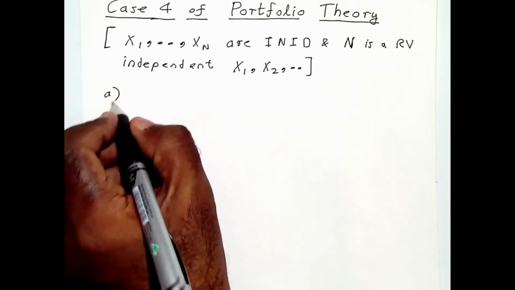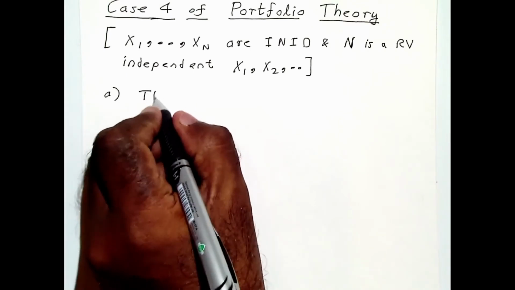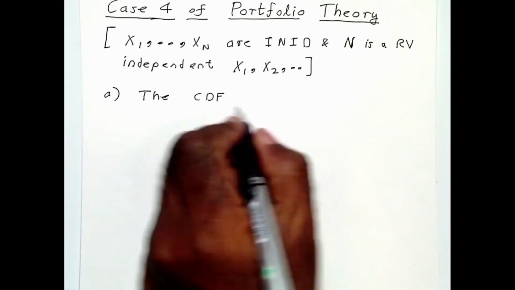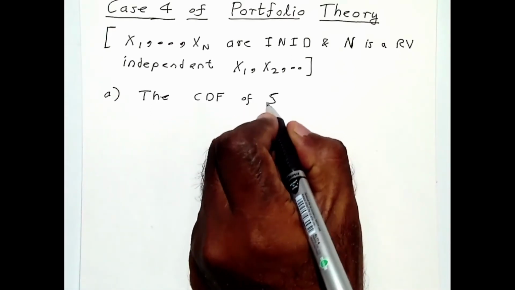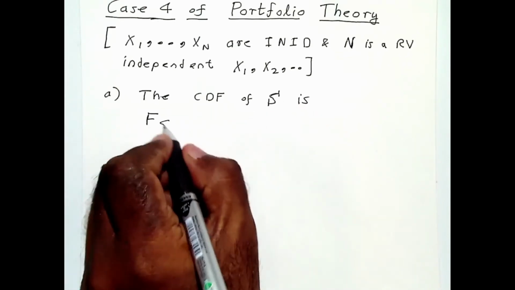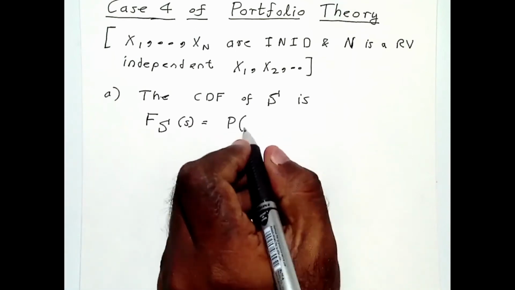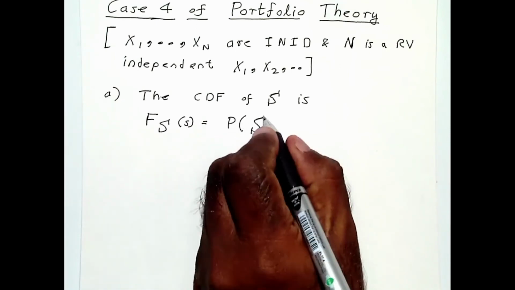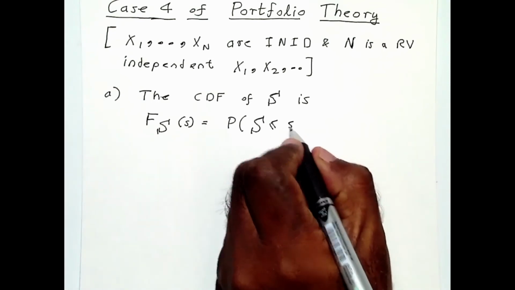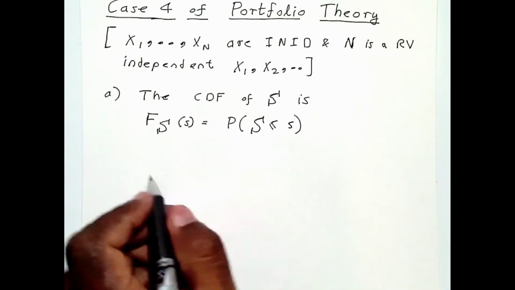So the first variable I'm going to look at is the total portfolio loss. We can write this as the CDF. By definition, the CDF is the probability that capital S is less than or equal to little s.